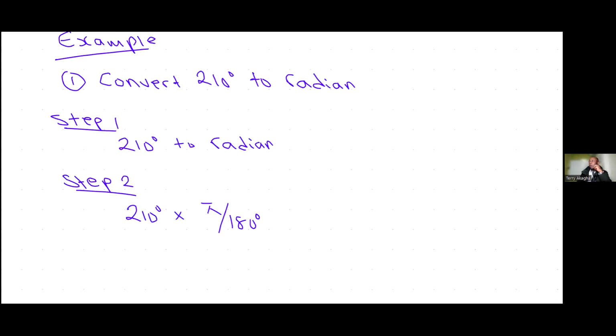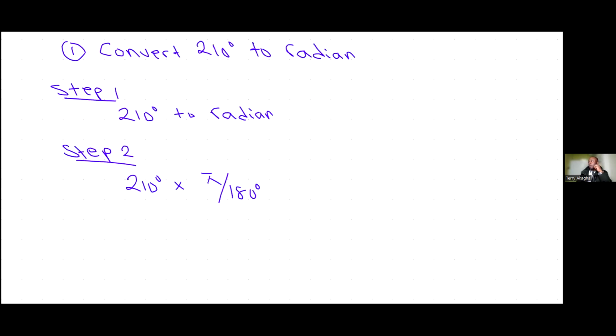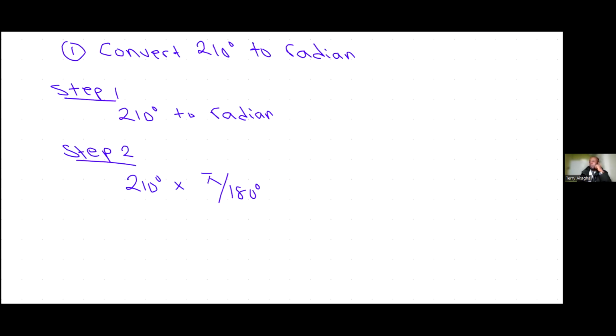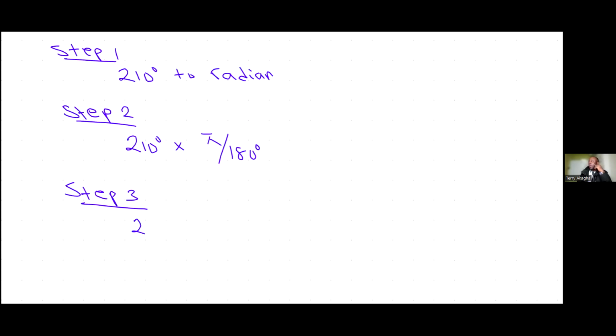Step 3, we're meant to simplify. So this is going to become 210 multiplied by pi divided by 180 degrees.